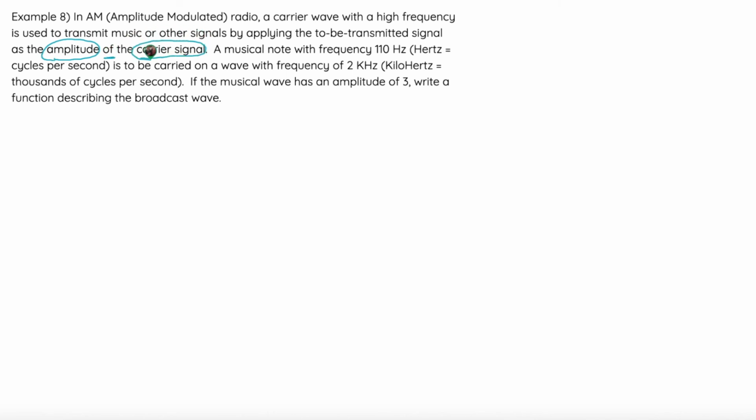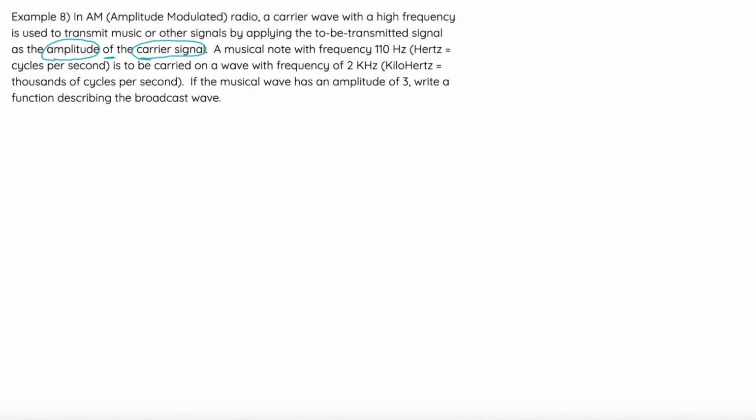A musical note with a frequency of 110 hertz, when hertz is cycles per second, is to be carried on a wave with frequency of 2 kilohertz, which is thousands of cycles per second. If the musical wave has an amplitude of 3, write a function describing this broadcast wave.